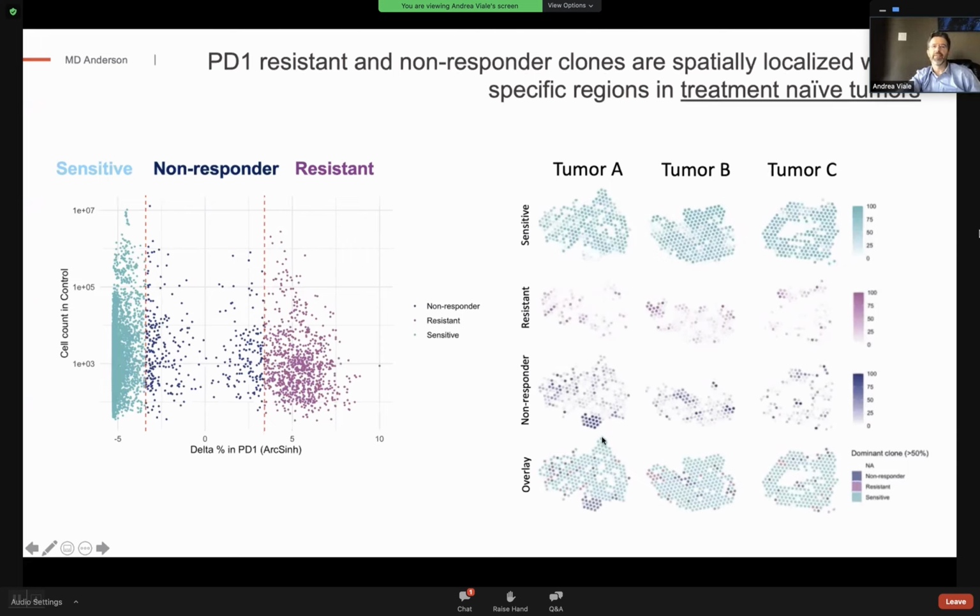But you can clearly see that the anti-PD-1 resistant clones and the non-responders are especially localized in the tumor. They populate specific domains, microenvironmental domains, okay? They are not diffuse everywhere. They are specifically located in a specific region of the tumor.